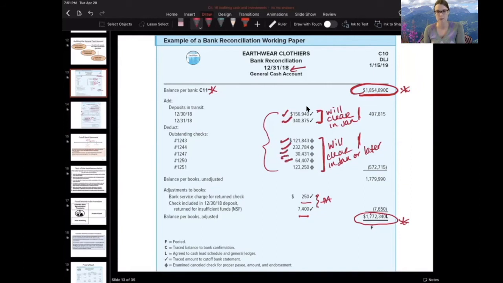So I'm able to basically validate this balance directly with the bank as of 12/31, and then I'm able to see shortly after year end all these other transactions pass through. And then basically this makes me able to be good with the balance per books as of 12/31/18, because I'm good with balance per bank, I'm good with all the differences.